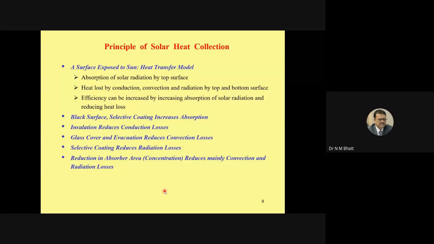This glass cover reduces the convection losses from the absorber surface. To completely eliminate them, note that convection happens only if there is a medium. If the space between absorber and cover is completely evacuated, the convection losses would be almost zero. Even the molecular conduction losses would be negligible with evacuation.